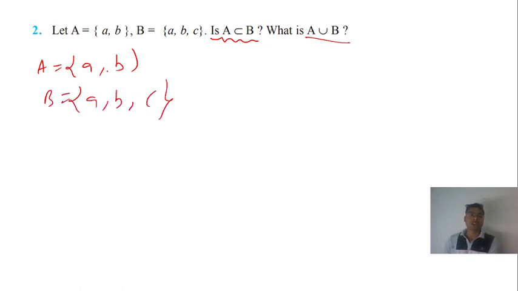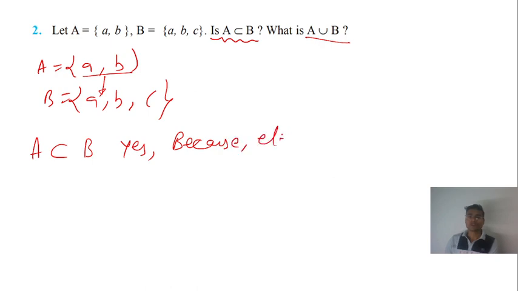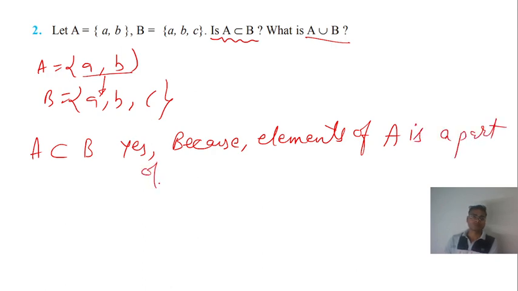As we see that a and b are already present in B, we say that A is a subset of B, yes, because the elements of A are a part of B. Now we will have to find A union B.